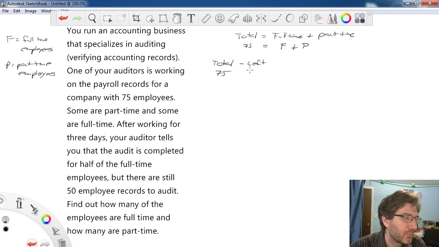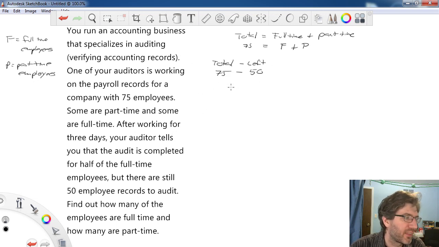The total is 75, and we have 50 left. They've only done 25 records. We started with 75 records that need to be done, we did 25 of them, and now we have 50 more to do, because 75 minus 50 is 25.